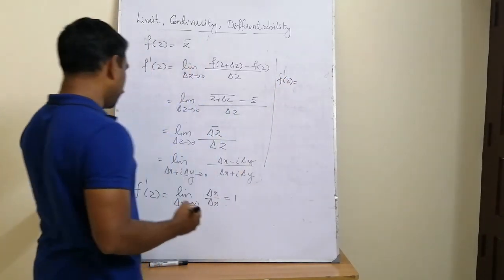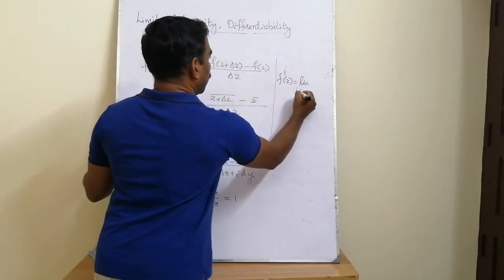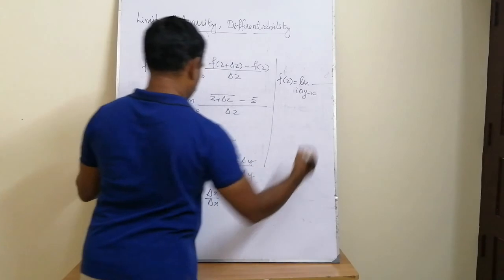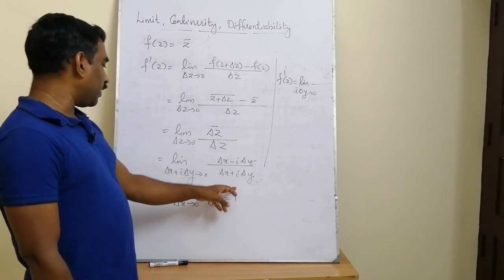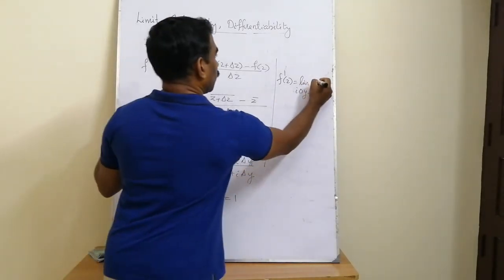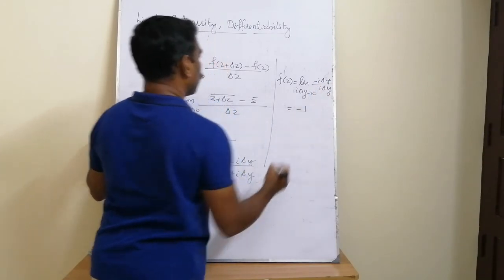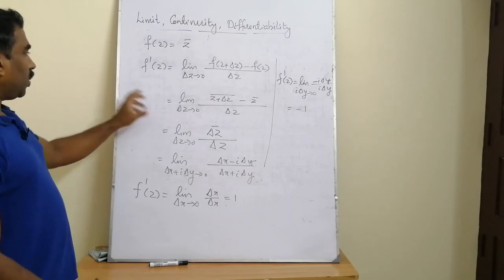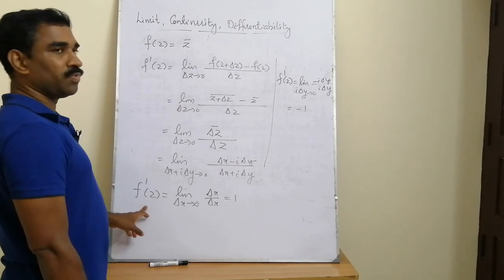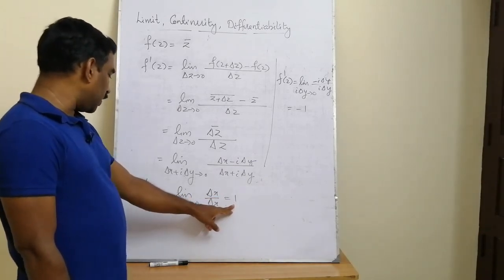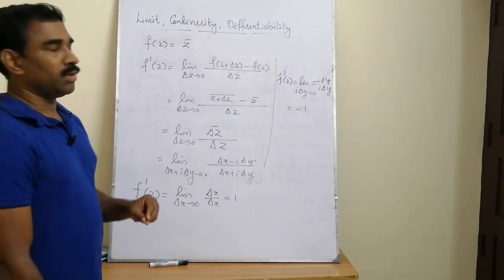For this choice of path, f'(z) is the limit as iΔy tends to 0, and Δx is 0, so we get −iΔy/iΔy, which is equal to −1. That means for two different paths along which Δz tends to 0, we have two values for f'(z): one is 1 and another is −1. That means the limit does not exist.